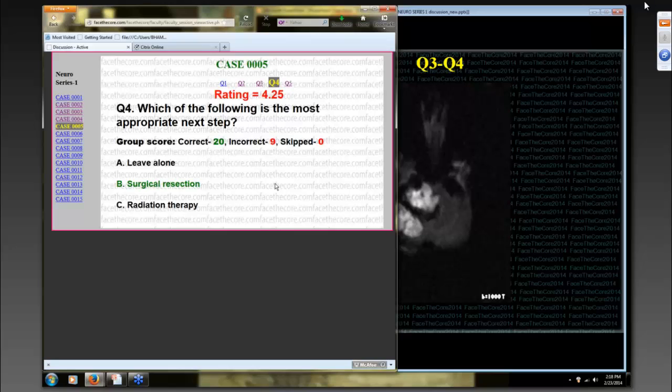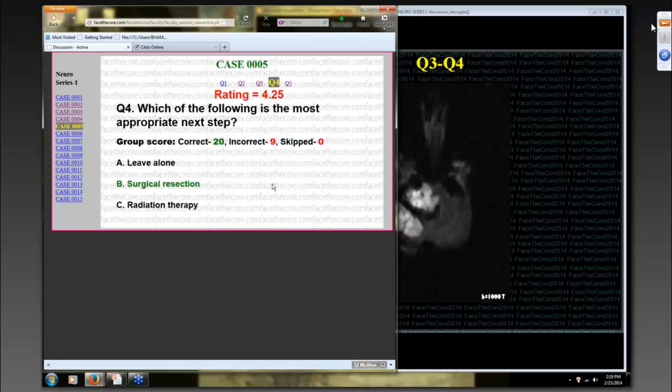Coming to the management, as to what is the next appropriate step in this case, I would say surgical resection. It is not an emergency procedure unless it is causing an obstructive hydrocephalus, but this is a very, very slow growing lesion going over years, and surgical resection is important to prevent any future cranial nerve palsies, hydrocephalus, or compression over the brainstem itself.